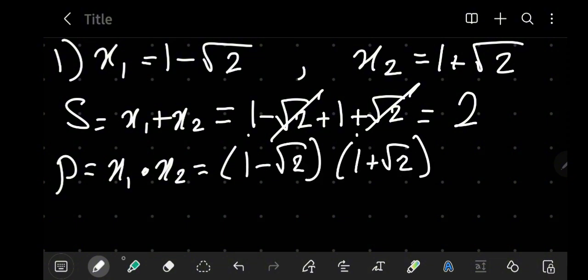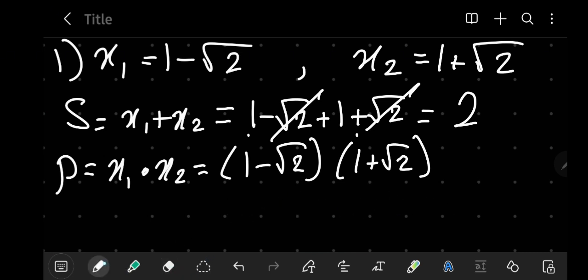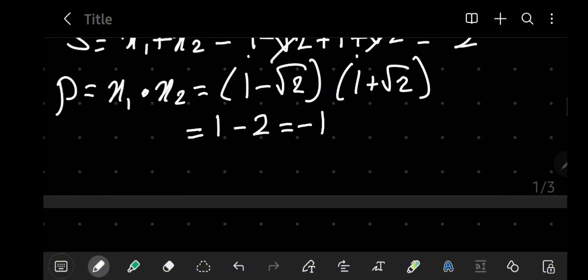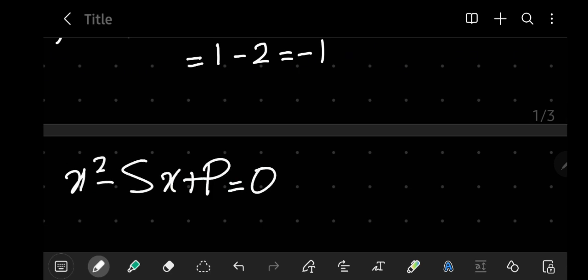And if you look at it, what does it say? A minus b times a plus b. This has a rule. It's a squared minus b squared, right? So now it's 1 squared minus radical 2 squared, which is 1 minus 2, which is minus 1. Okay, and now we put the equation in front of us, x squared minus sx plus p equals 0.